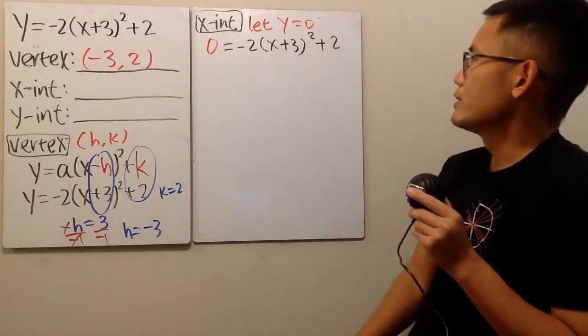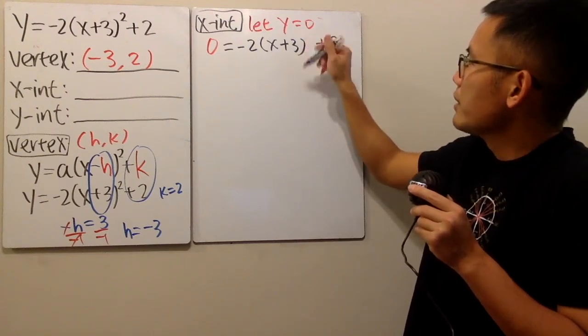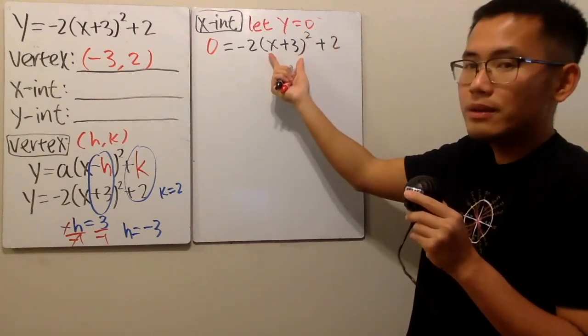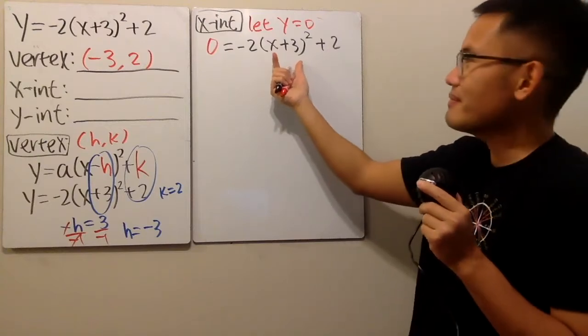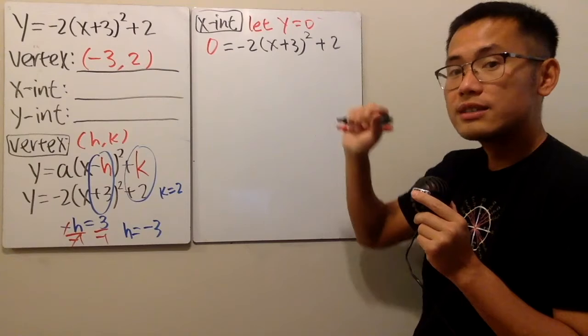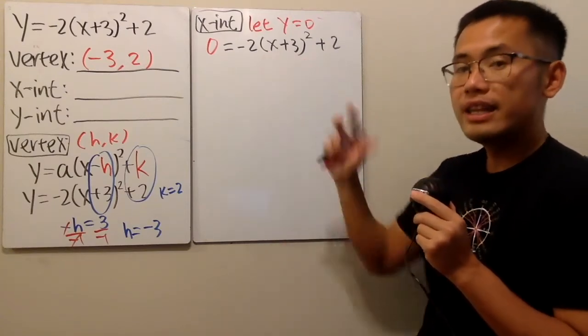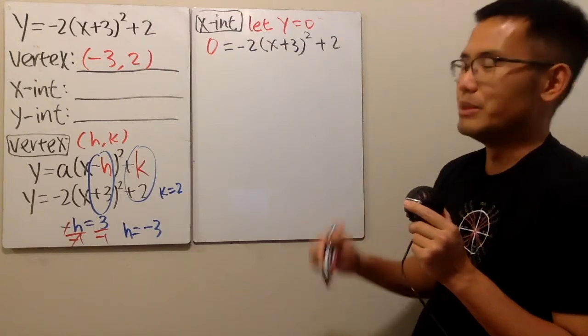Here you have a few ways to do it. As we can see, right here we have parentheses, this quantity being to the second power, and the x is the only thing inside, right? So the easiest way for this case is to isolate this part and then take square roots on both sides. Let me show you.